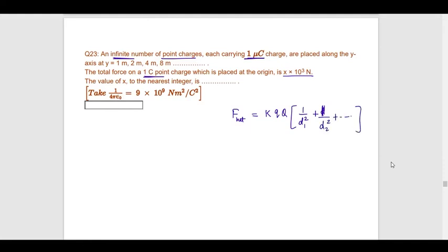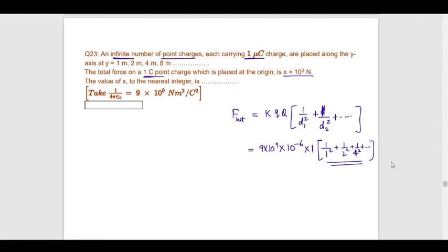The value of k is 9 times 10 to the power 9. The value of charge placed on each of the y coordinates is 1 microcoulomb, so that's 10 to the power minus 6. Capital Q, that is charge on the origin, is plus 1. And we have d1 as 1, d2 as 2, d3 as 4, and so on.